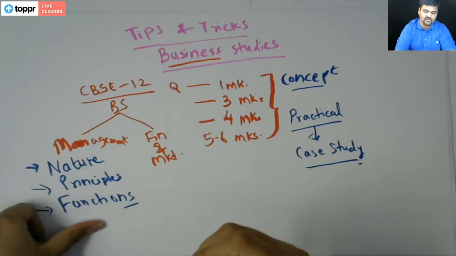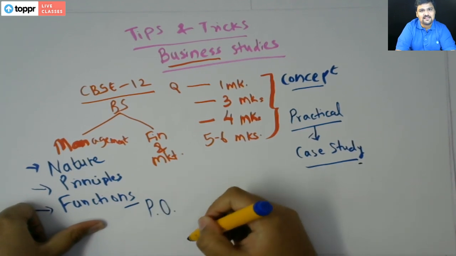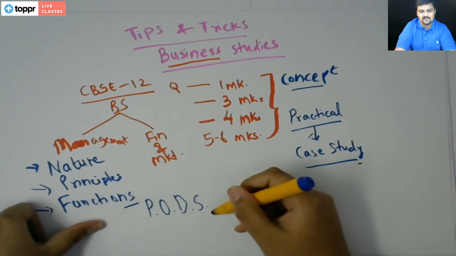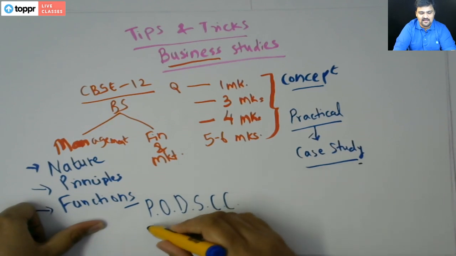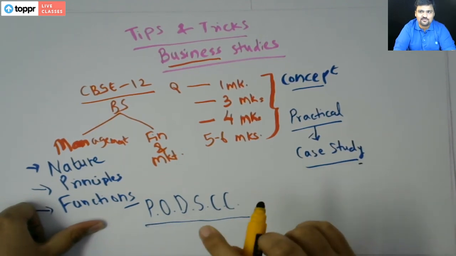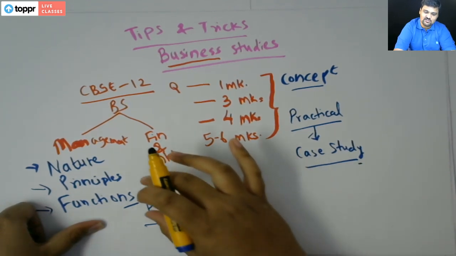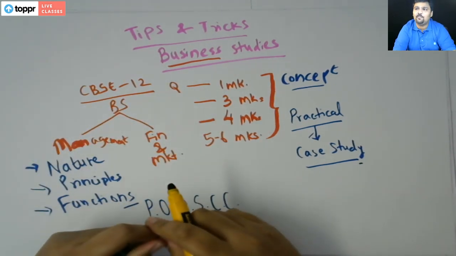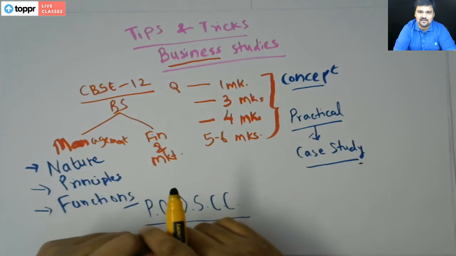For example, there is planning, organizing, directing, staffing, coordinating, and controlling. These 6 functions of management are those on which your questions are going to be based. So nature, principles and functions of management is the first part of your paper, of the curriculum. Are you understanding what I am trying to say?